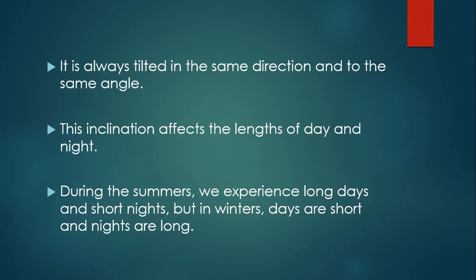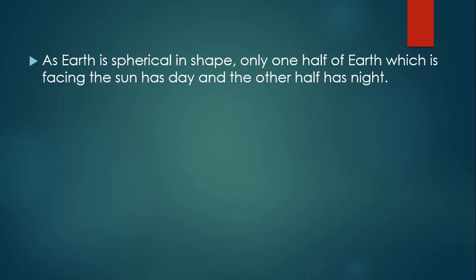During the summers, we experience long days and short nights, but in winters, days are short and nights are long. As Earth is spherical in shape, only one half of Earth, which is facing the Sun, has day and the other half has night.